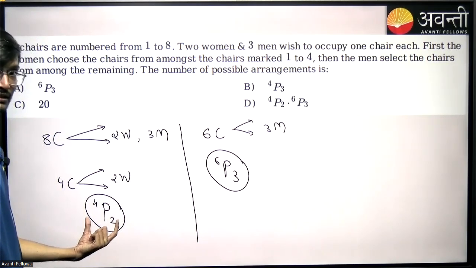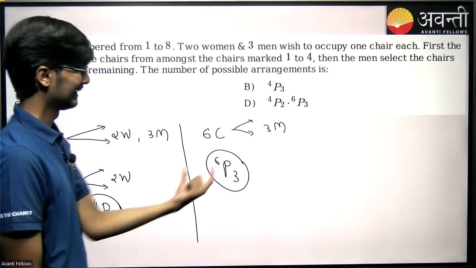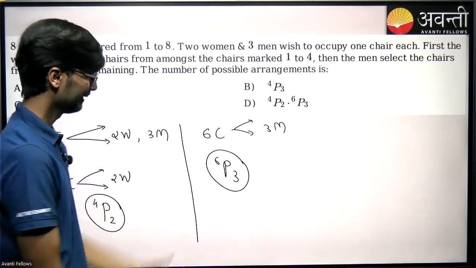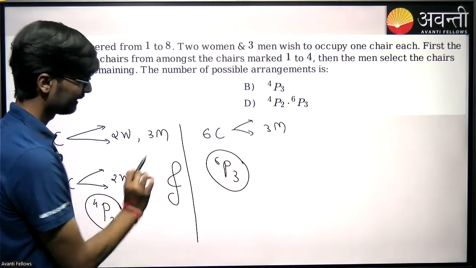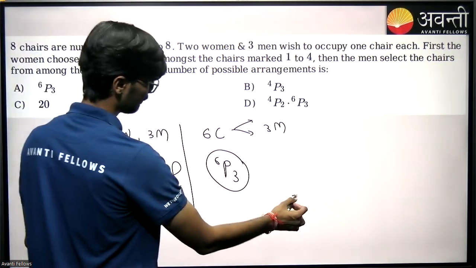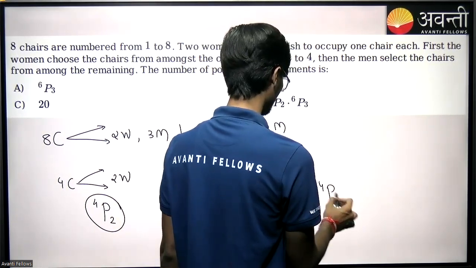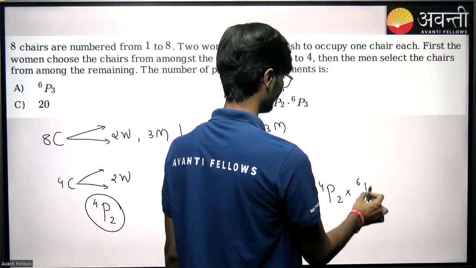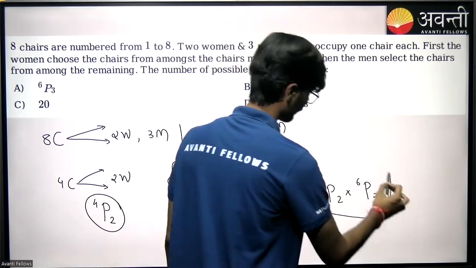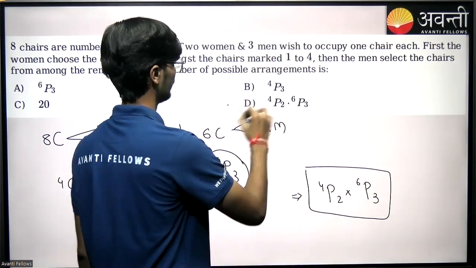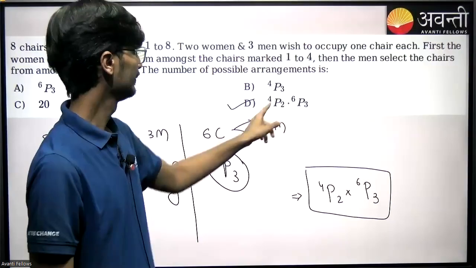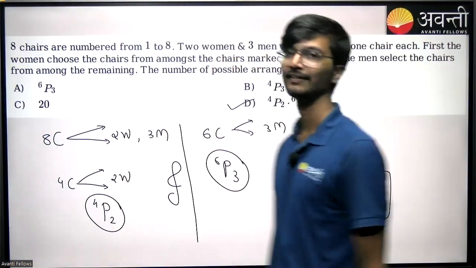First, the women will select and sit, and then the men, meaning multiplication. So my final answer will be 4p2 into 6p3, option number D. Correct, guys?